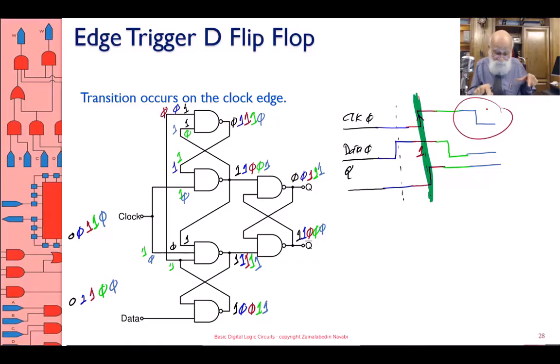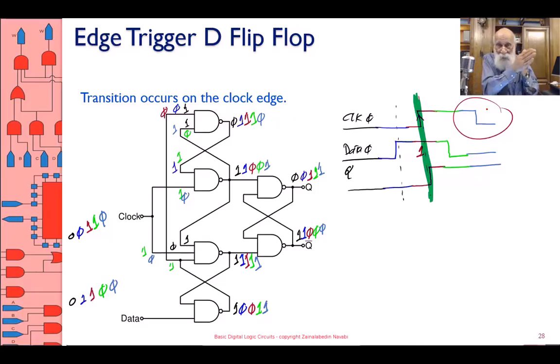Okay? By this waveform, by this analysis, I'm showing that this structure is a rising edge D flip-flop. It is not transparent. What it means is that it has no chance of being transparent because only on the edge what is happening is happening.